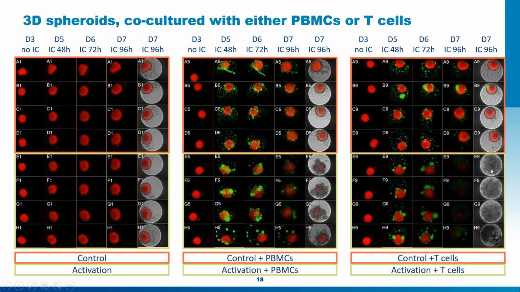We can see it through normal light or through fluorescence imaging. So that's the benefit of the co-culture system in 3D, where we can really now move to understand the interaction between tumor and immune cells.